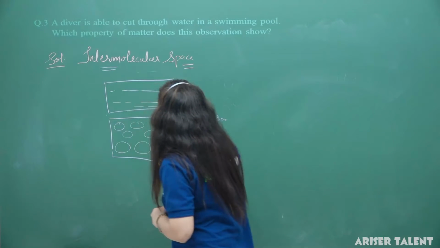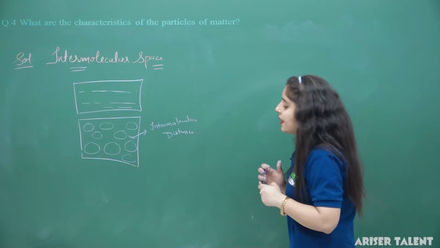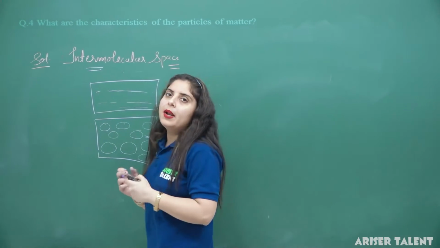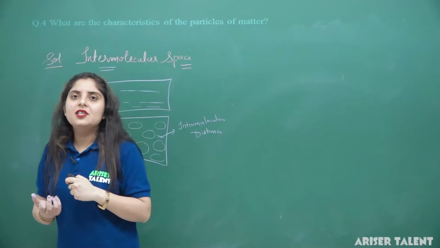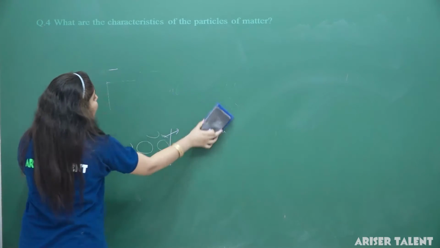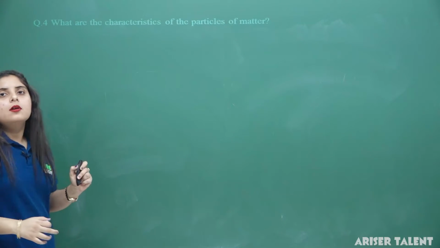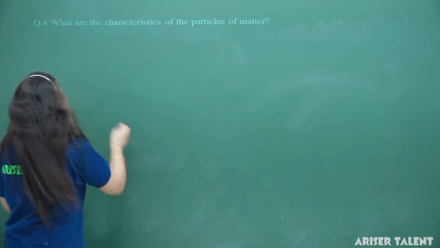Now coming to our next problem, problem number 4. What are the characteristics of the particles of matter? I have already discussed this question in our previous lectures, but for a while I am going to remind you of these points.